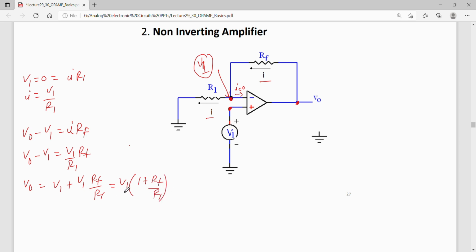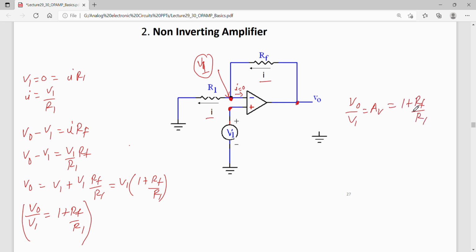Bringing V1 down to the left hand side, V0 by V1 is 1 plus RF by R1. This is actually the gain of this amplifier, the closed loop gain.